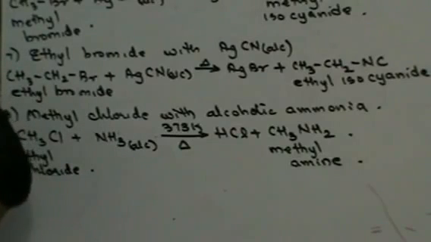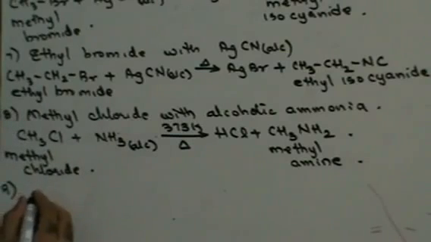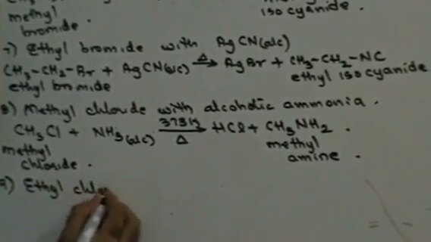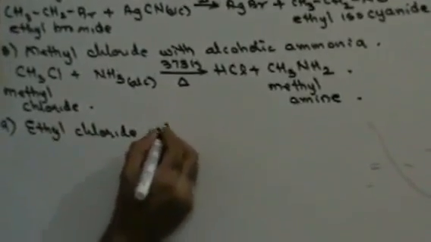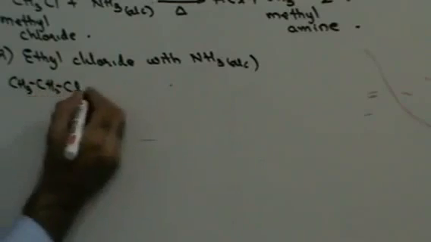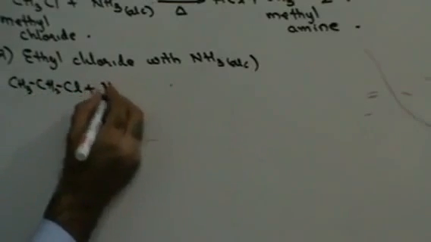Next, similar reaction. Let's see what happens when ethyl chloride reacts with alcoholic ammonia. Ethyl, 2 carbon atoms, chloride, CH3CH2Cl plus alcoholic ammonia, NH3, 373 Kelvin heat, right?